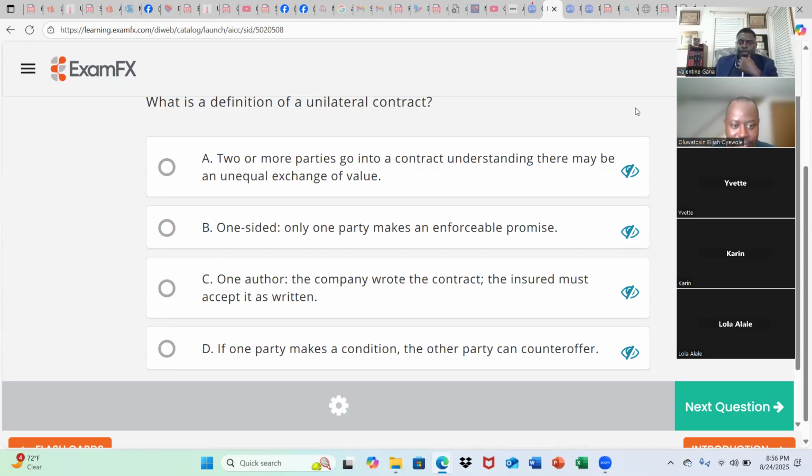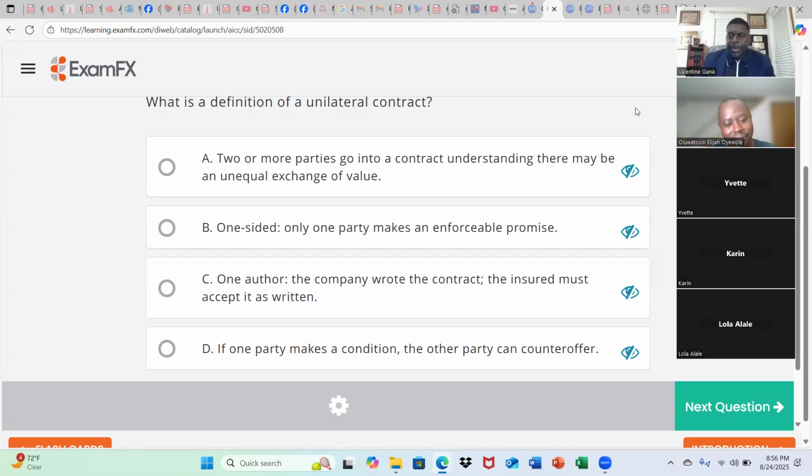B, one-sided. Only one party makes an enforceable promise. C, one author. The company wrote the contract. The insured must accept it as written. D, if one party makes a condition, the other party can counter offer. B, one-sided, only one party makes an enforceable promise.